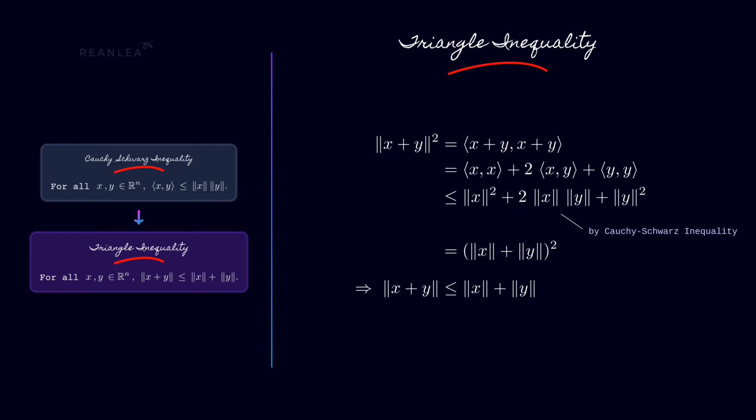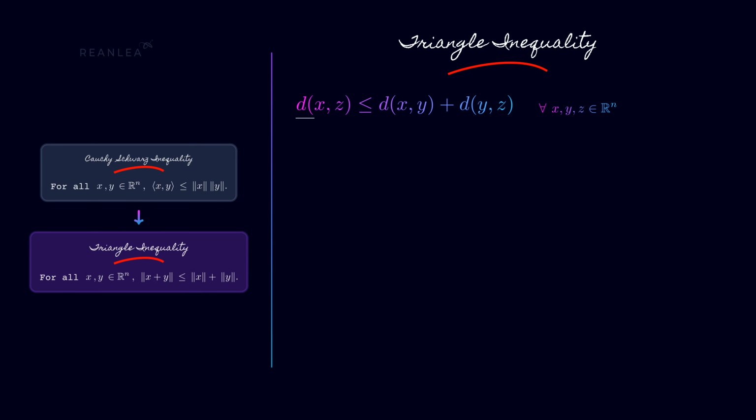And this triangle inequality in fact helps us to conclude that d of x and z is less than or equal to d of x, y plus d of y, z for all x, y and z in Rn, where d is the distance function. So let's try to prove this.